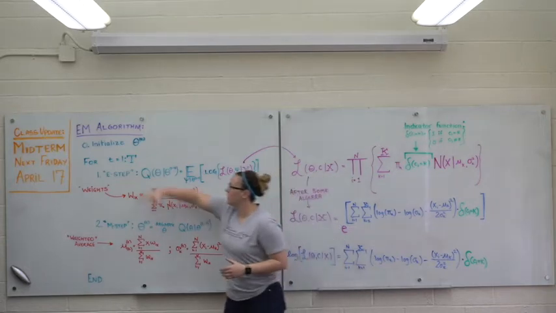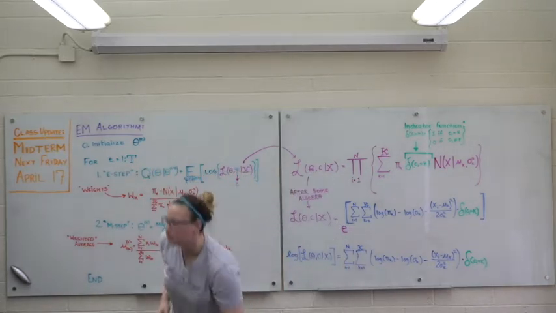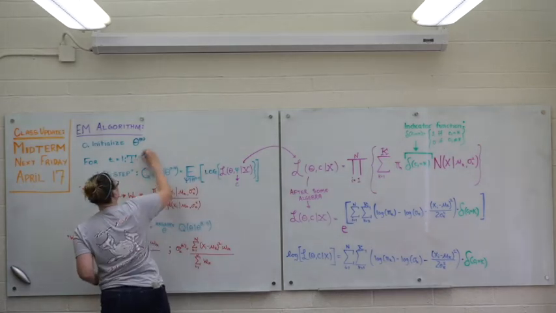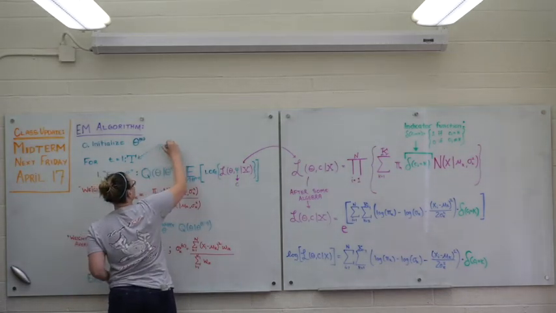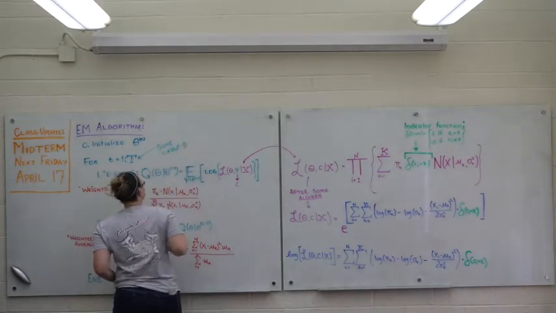Then, for a certain number of iterations, we're going to iterate over t, where t is some large number.